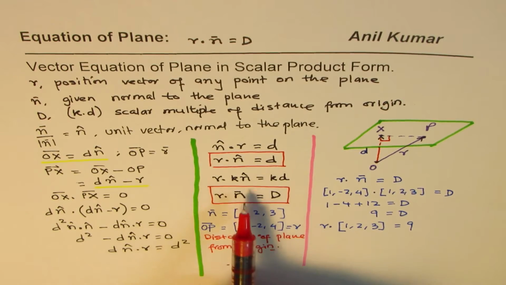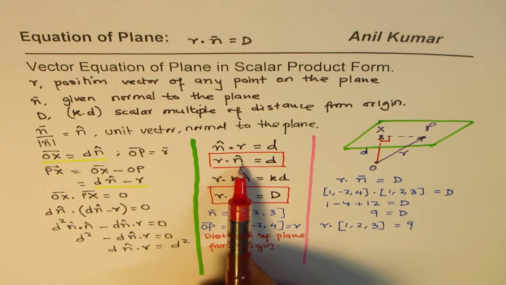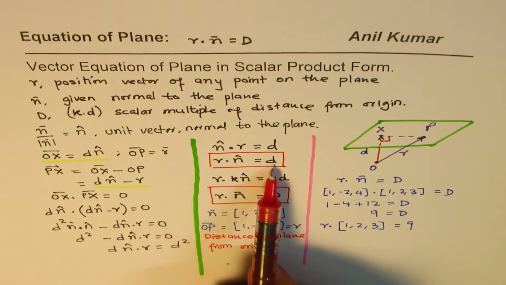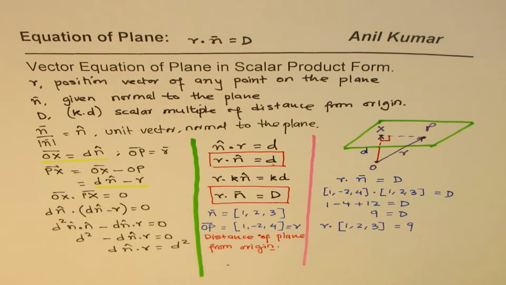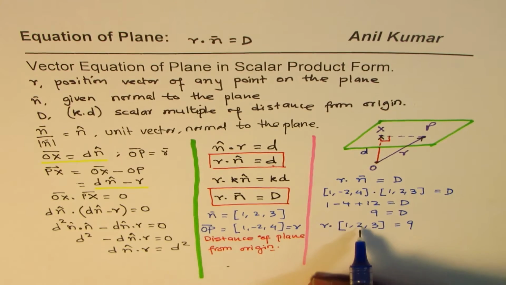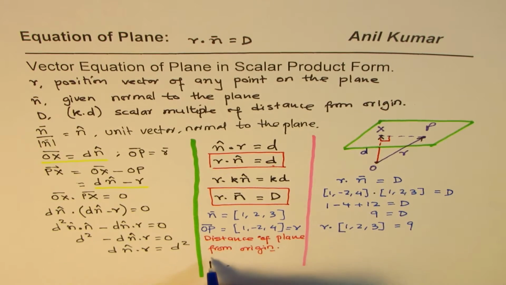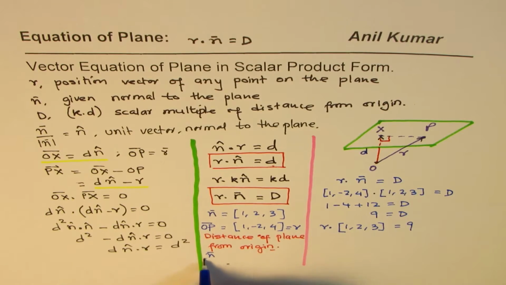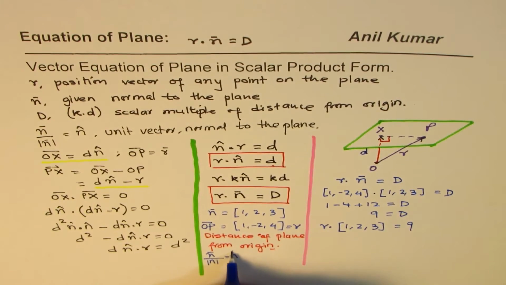What we noticed was that if I take the dot product of the position vector with the unit vector, I get the distance from origin. So let's find the unit vector. The vector is 1, 2, 3, whose magnitude is how much? The unit vector will be the vector divided by its magnitude. So this is the unit vector.